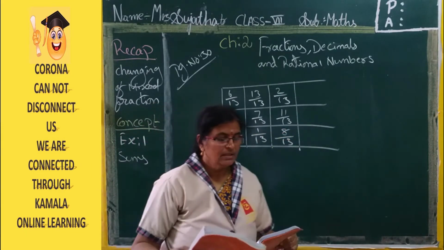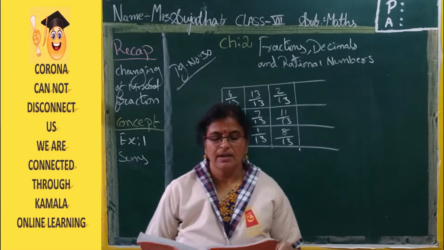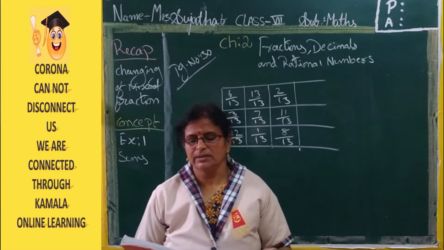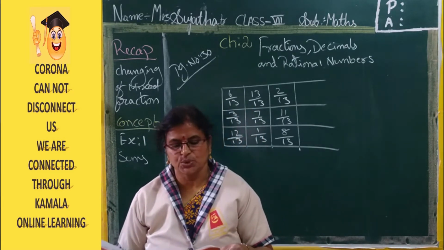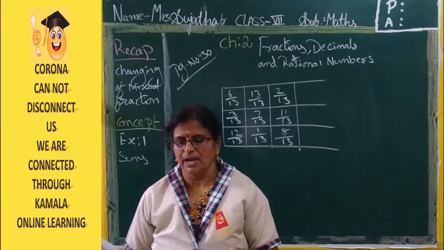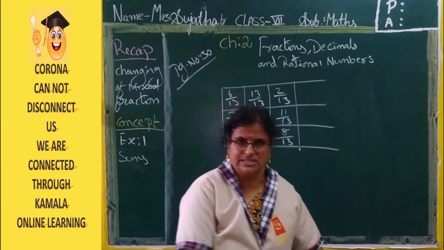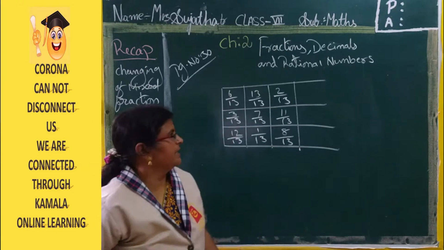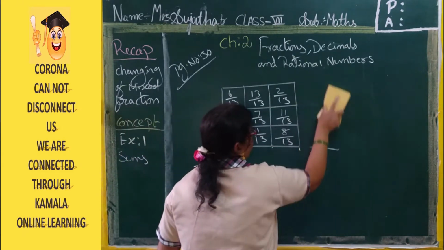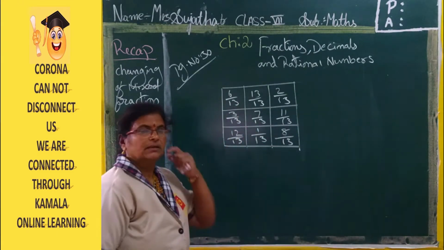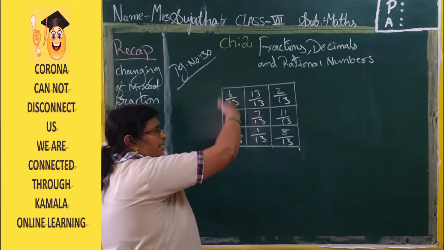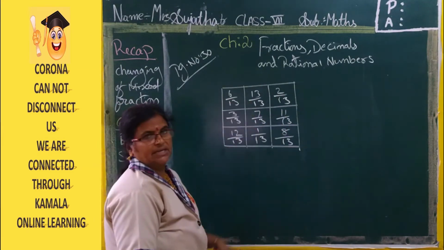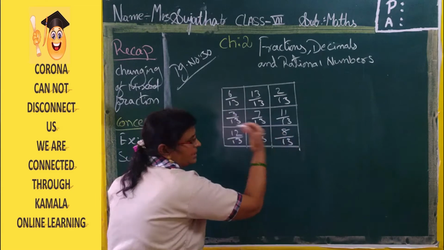Check in the following square whether the sum of the numbers in each row and in each column and along the diagonal is the same. So you have to check whether, if you add it, you are getting the same answer in the horizontal rows, vertical columns as well as diagonals. Diagonal means like this. This is called diagonal.